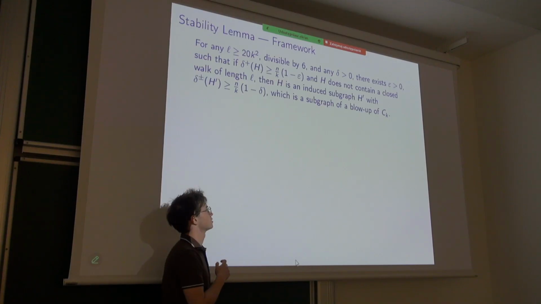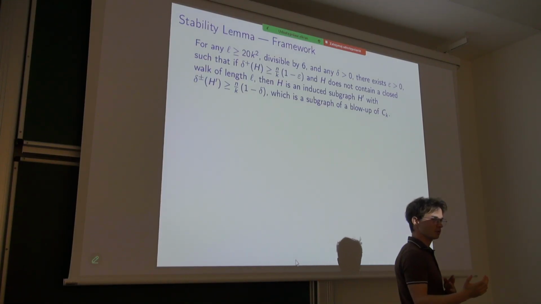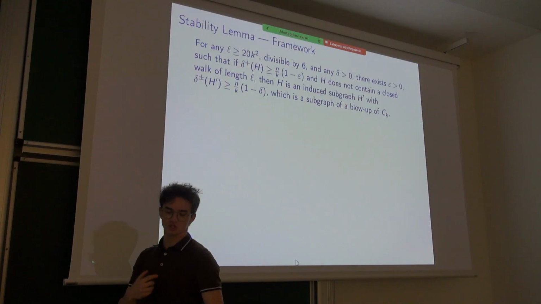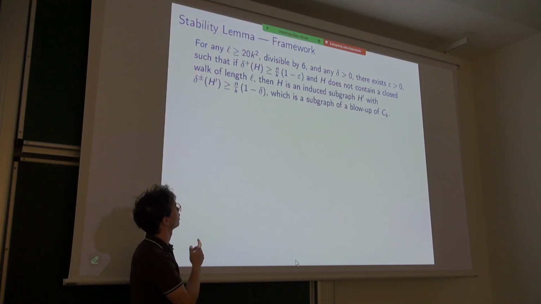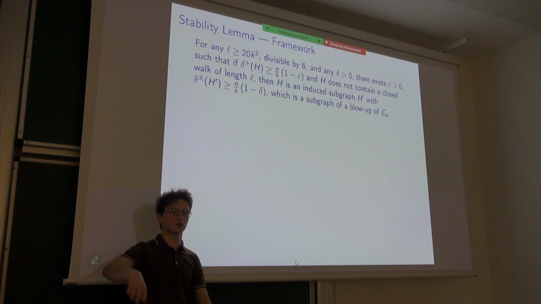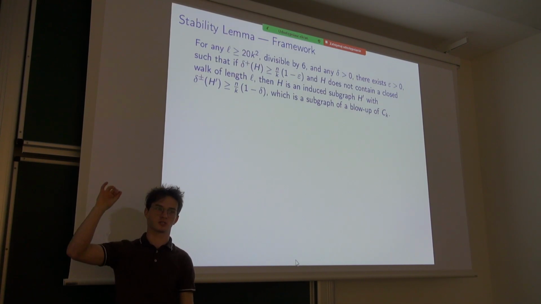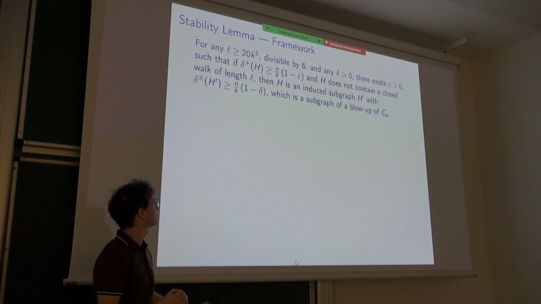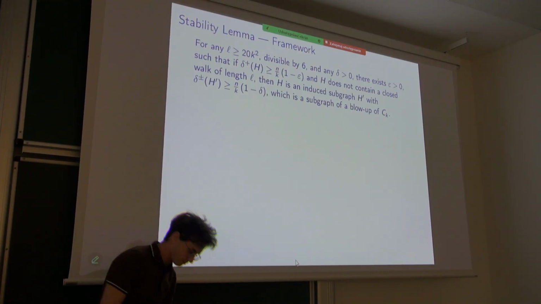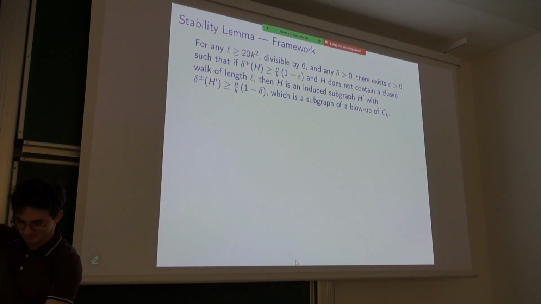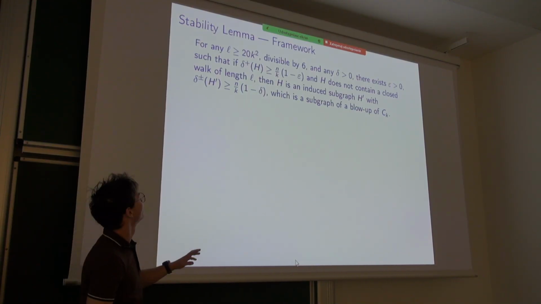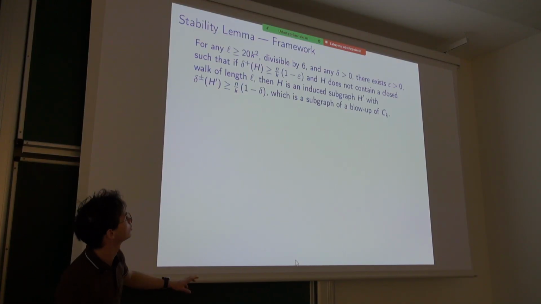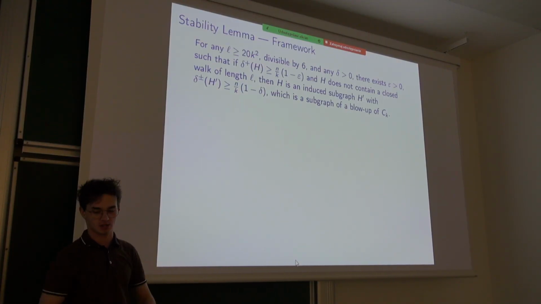Our constraint now is not that we do not have a cycle of length L. Our constraint is that we do not have a closed directed walk of length L. Meaning, it's just a cycle of length L, but the vertices may appear twice. We may also use some edges twice. Yes, so stronger constraints, but slightly lower assumptions.